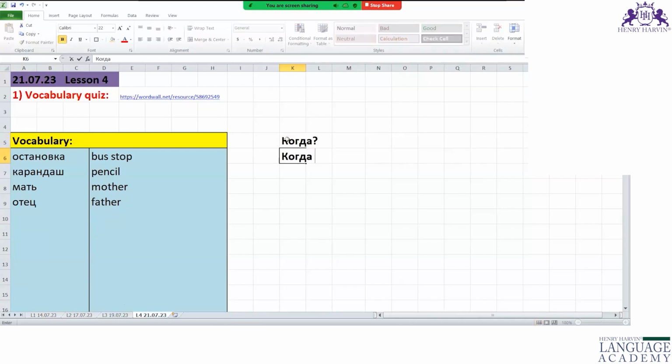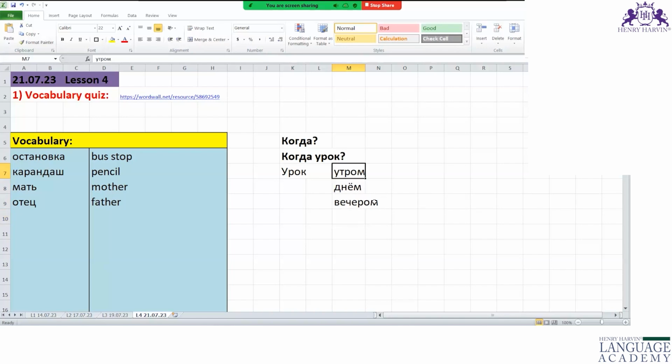For example, когда урок, when is the lesson? The possible answer could be урок, the lesson is, and we had утром, in the morning. Then we can say днем, in the afternoon, and one more, вечером, in the evening. Урок утром, днем, вечером.